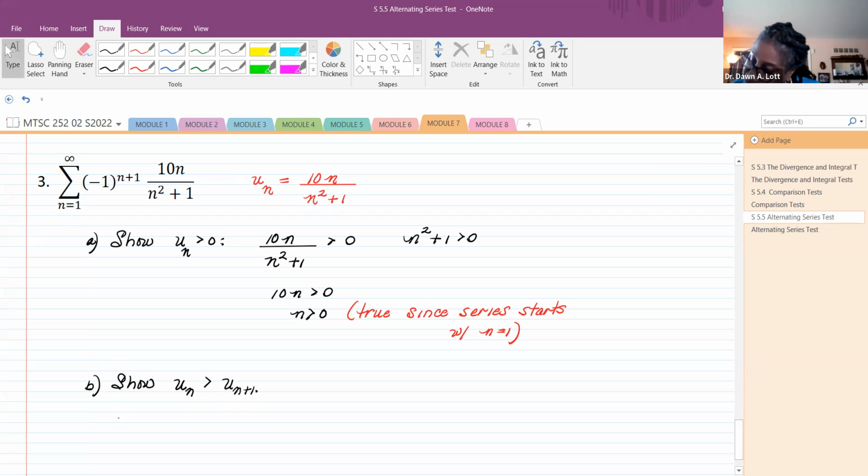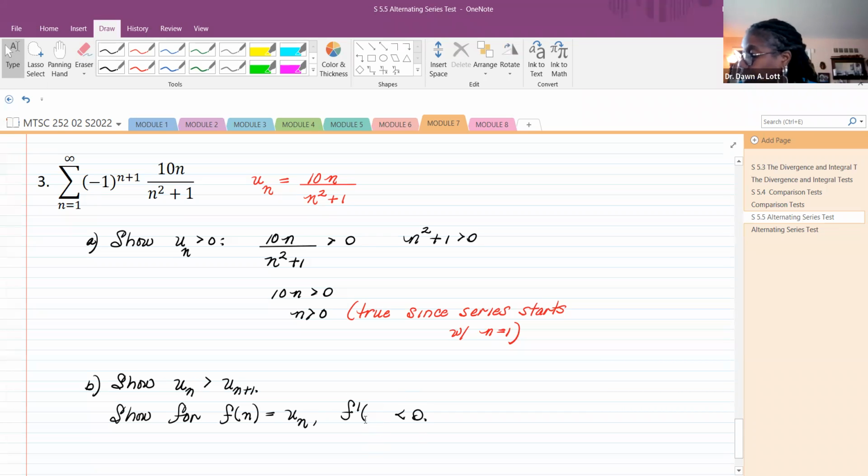So I'm going to choose to show that for f of n equaling UN, f prime of n is less than 0.